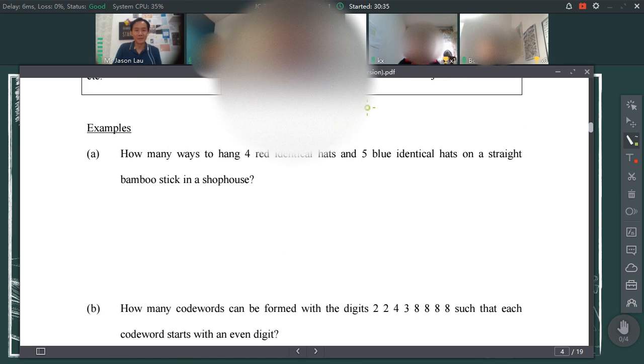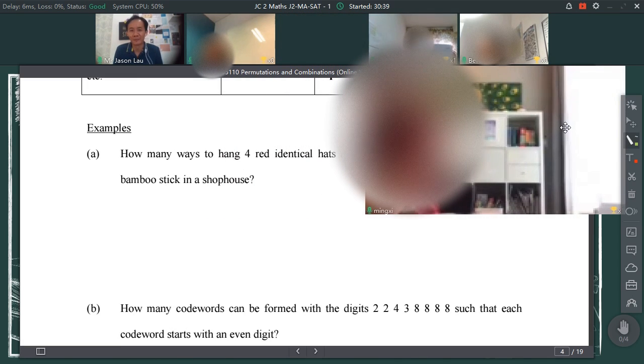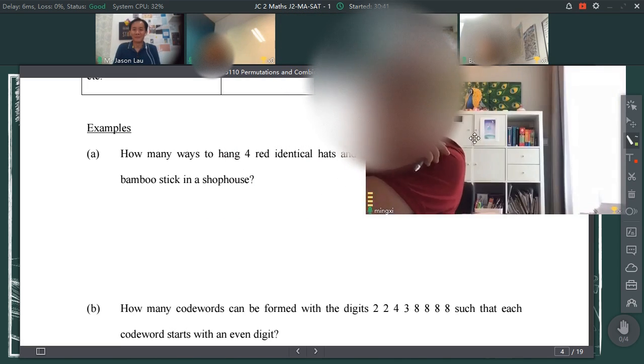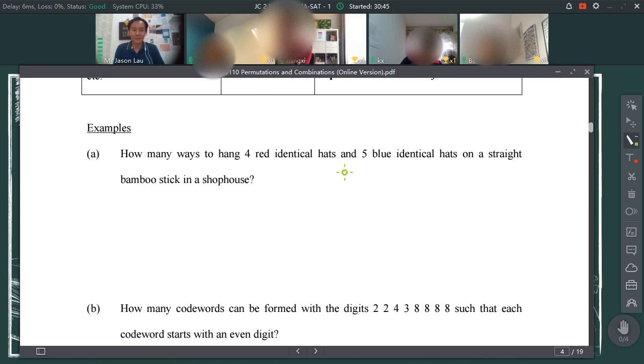This time round I want Ming-Si to answer. Ming-Si, you did in school, right? How many ways to hang 4 red identical hats and 5 other identical hats on a straight bamboo stick in the shop house?